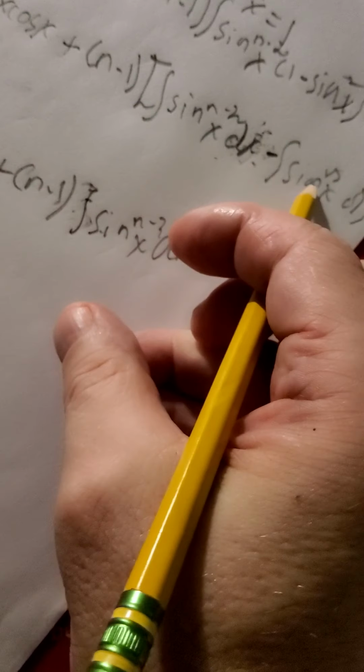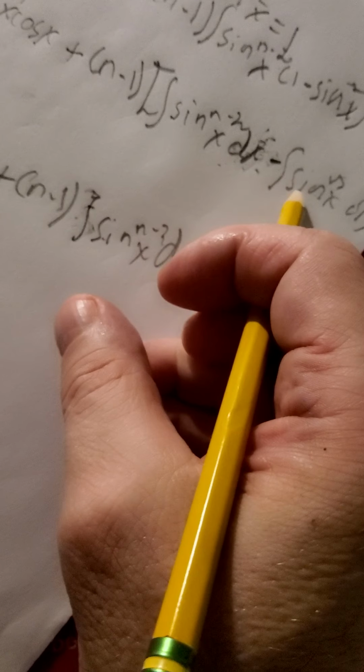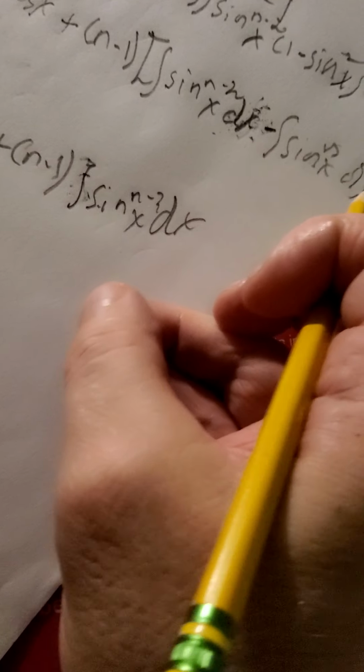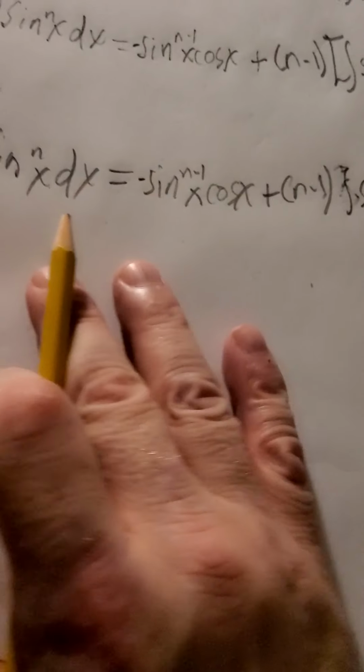I've got to iterate this integral of sine to the n minus 2 of x dx, and I'm going to bring this n minus 1 multiplied by the integral of sine to the nth power of x dx over to the other side.